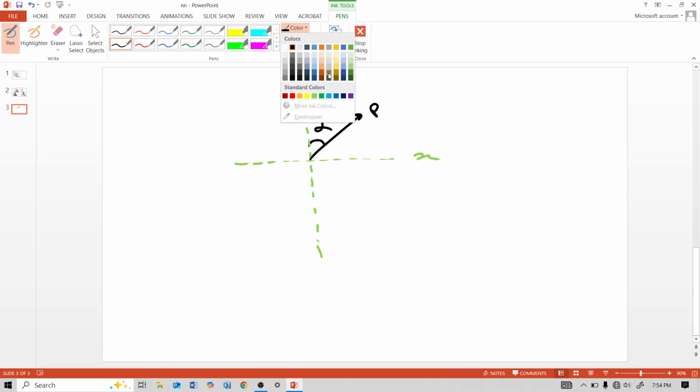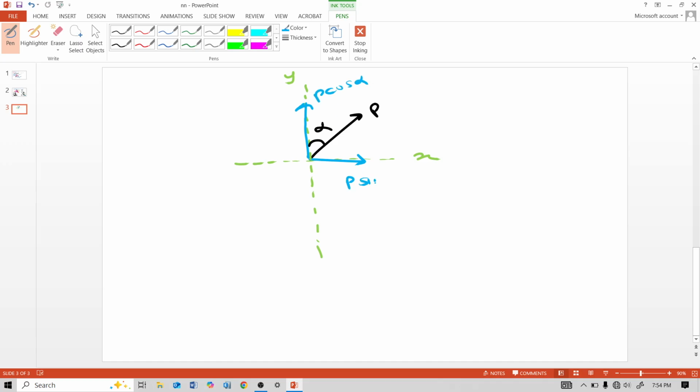So how will you resolve this force? Like this, into two perpendicular components, and see that the component adjacent to the angle is always cos. So here P cos alpha and here P sin alpha. Like that it will resolve.